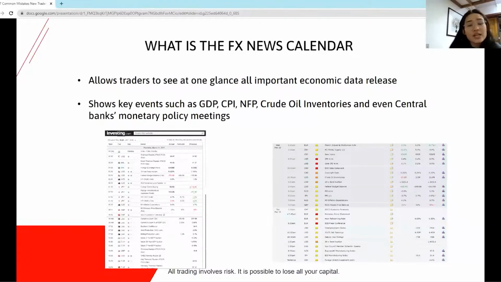Having a news calendar that you look at is pretty important because it allows you to see at one glance all important economic data releases. It shows key events such as GDP, CPI, NFP, crude oil inventories, and even central banks' monetary policy meetings. It's important to distinguish between microeconomic and macroeconomic activity.